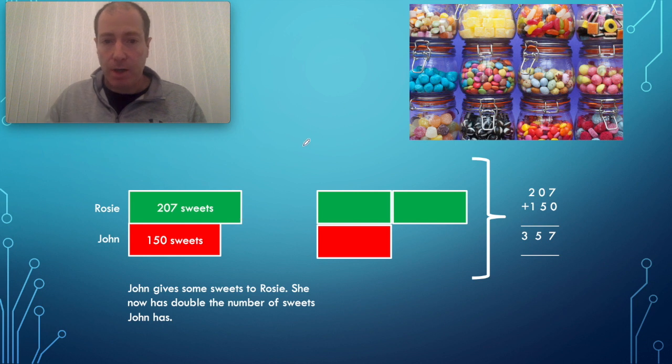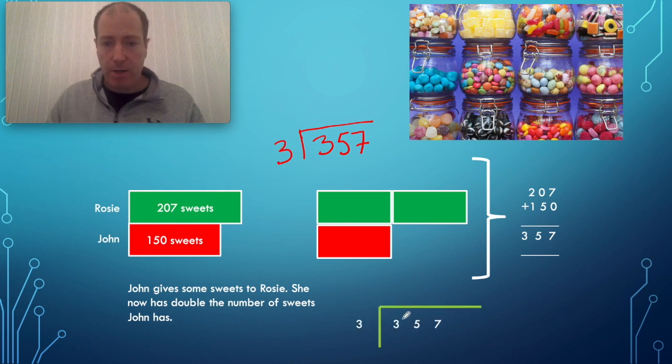So I'm going to do the bus stop method. 357 divided by 3. In fact, I've got it down here. So 3 divided by 3 is 1. 5 divided by 3 is 1 with a remainder of 2. We now have 27 because that 2 is actually 2 tens. 27 divided by 3 is 9.